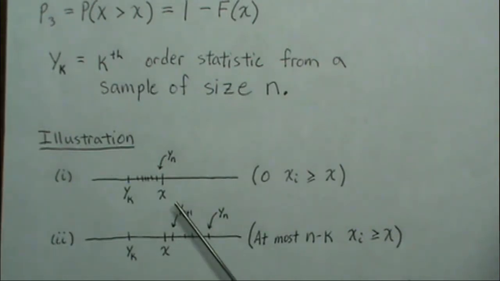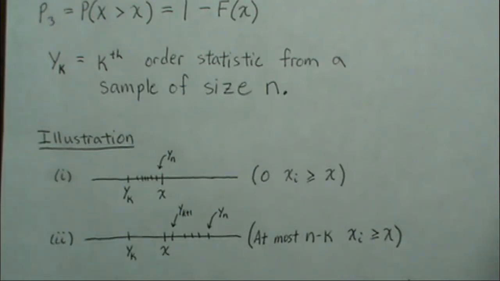In one extreme, we have no order statistics bigger than this x, and the other extreme is that all of the order statistics bigger than Yk, so that's n minus k, are this value or bigger. And then there's anything in between. And so the probability that Yk is less than x is actually the probability that at most n minus k of the X values are bigger than or equal to x. So it's a sum, and we go from 0 to n minus k.